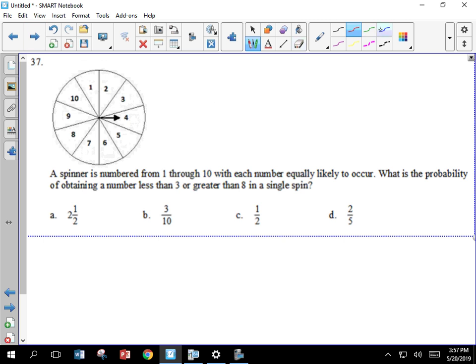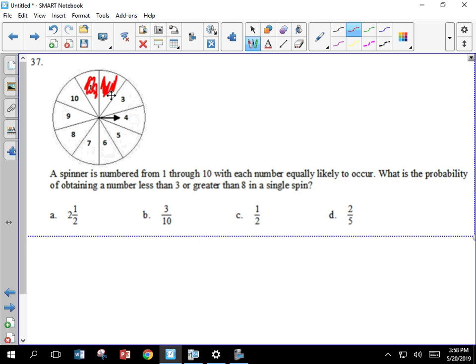All right, probability. A spinner is numbered 1 through 10 with each number equally likely to occur. What is the probability of obtaining a number less than 3 or greater than 8 in a single spin? So this is one spin. So less than 3. So 2's less than 3. 1's less than 3. All right. 3, we do not count 3 because 3 is not less than 3.